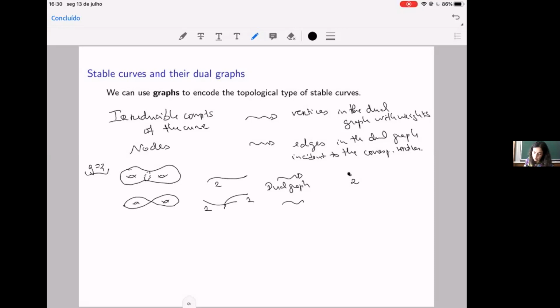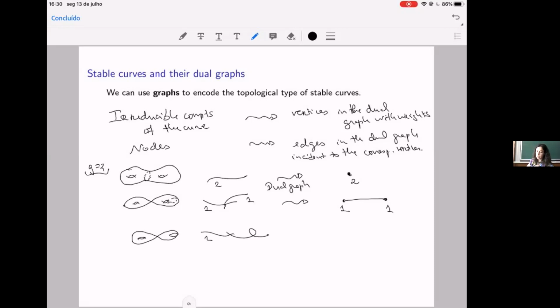And the dual graph is then two vertices of genus 1 and one edge between these two vertices. And I could, of course, degenerate more. For instance, I could shrink this circle here, and then I would end up with something like this. So in my curve description, this is going to be like this.